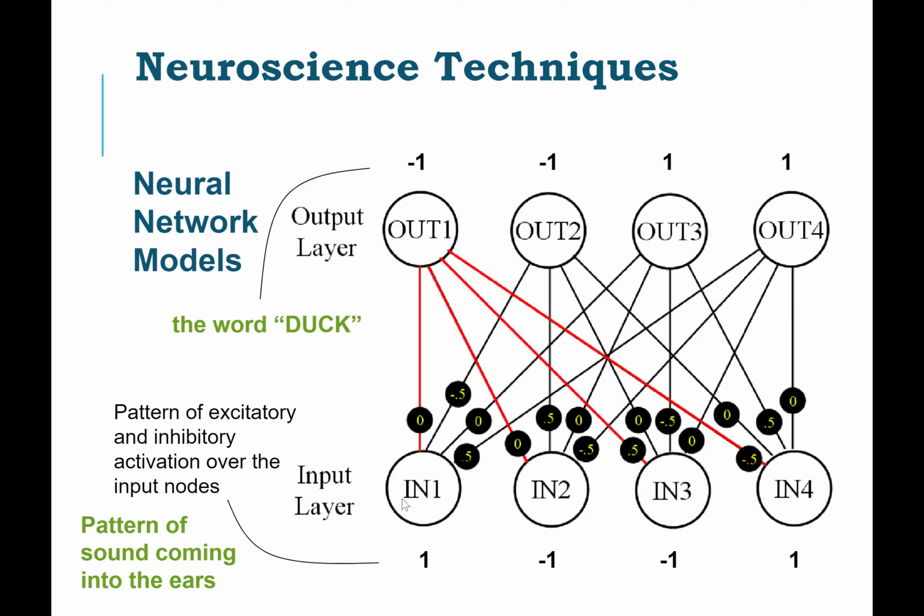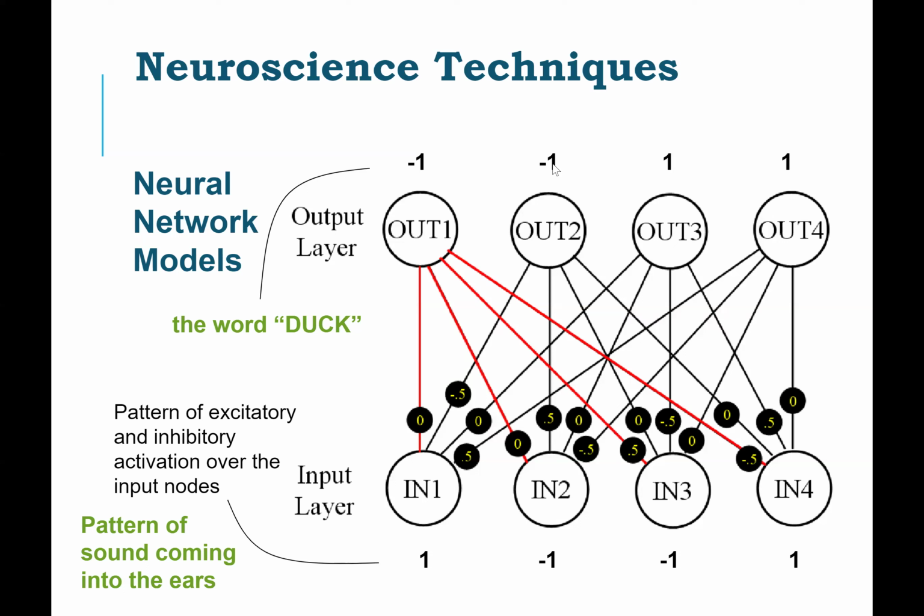If it's not firing, if it's on a baseline, it's not going to impact the postsynaptic cell. If it's above a baseline and it has a positive weight, it means that it's excitatory and it's firing, then it should have a positive impact on the output. If the weight is negative, it means that it's below a baseline, but it was excitatory, so it has a negative impact on the output.